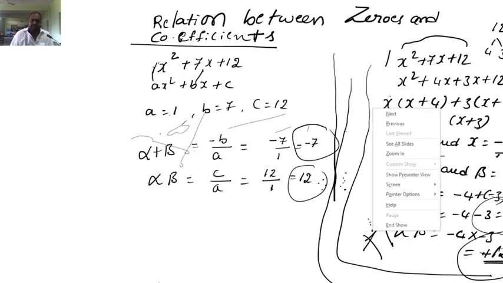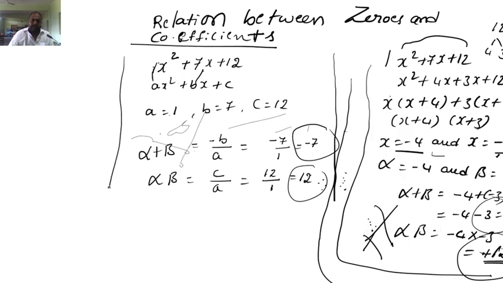So this is the main problem. X square plus 7x plus 12, compare with ax square plus bx plus c. A is equal to 1, that means the x square coefficient, b is equal to 7, c is equal to 12. Alpha plus beta is minus b by a. Alpha beta is equal to 12.